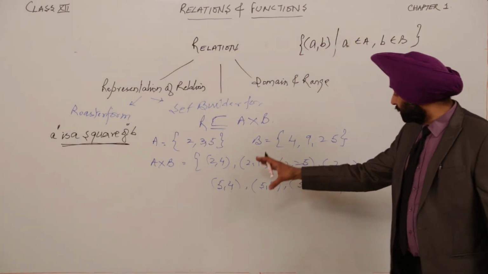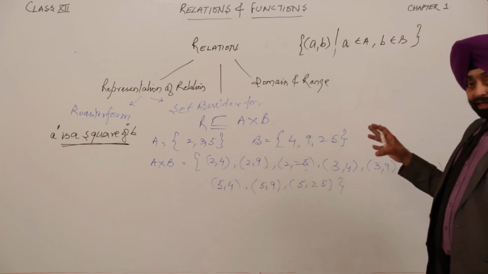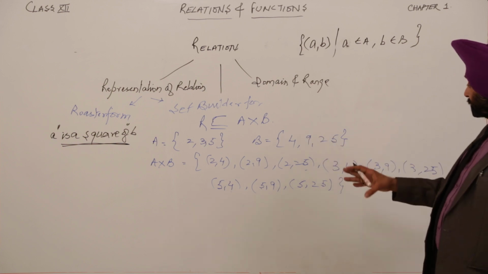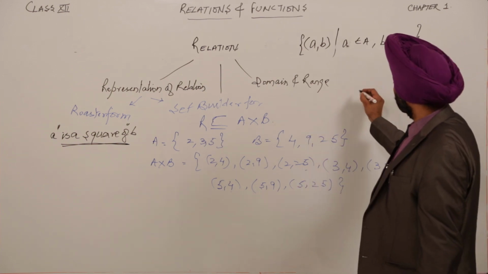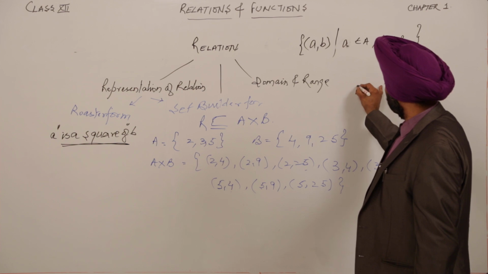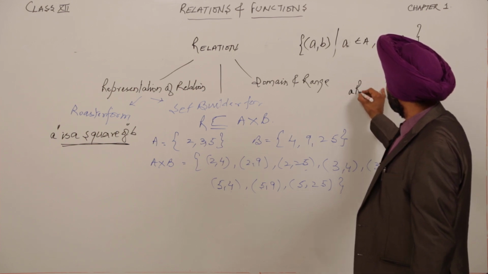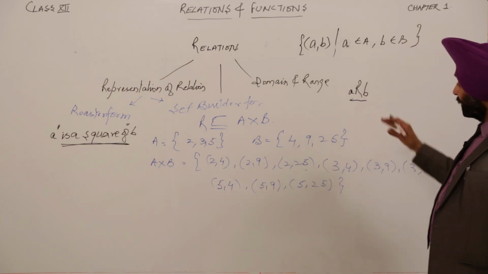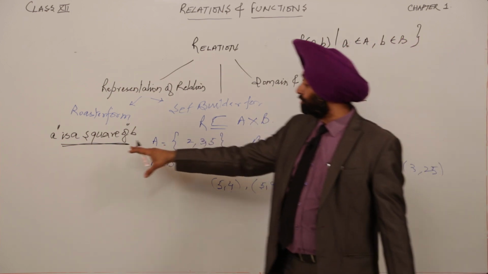From all these ordered pairs, can we get something related to "is a square of"? Let's see. A is in relation with B, and R represents "is a square of".